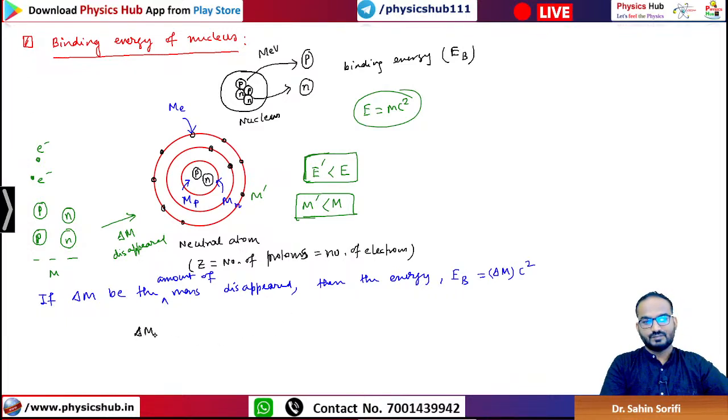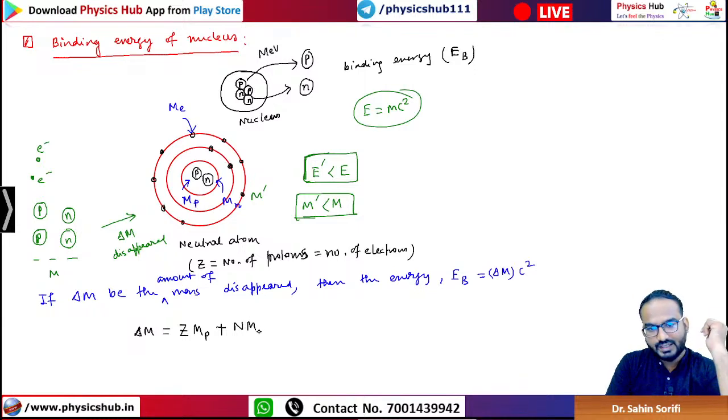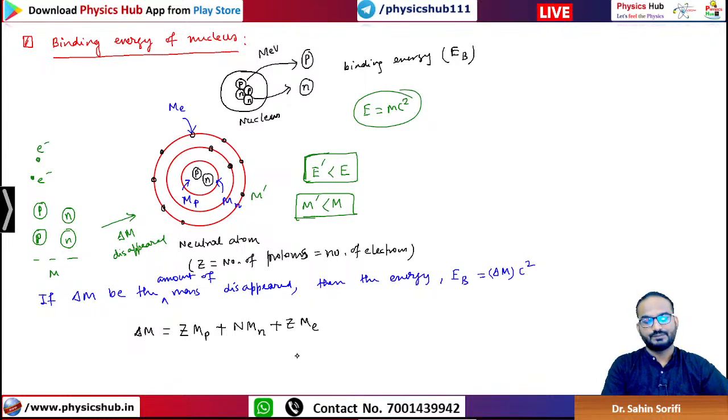Delta m is equal to Z number of protons, so Z times mp, plus N number of neutrons, so N times the mass of a neutron, plus the same number of electrons as protons, Z times the mass of an electron.